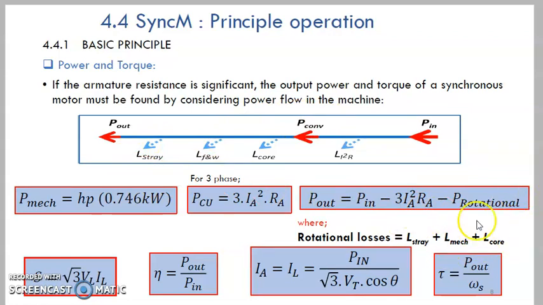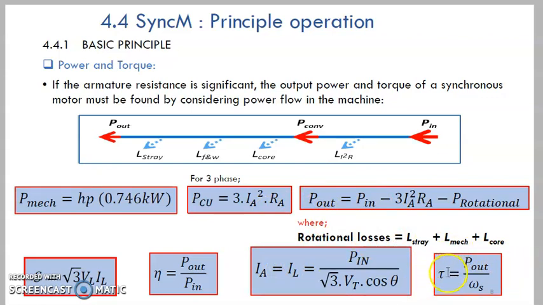Rotational loss is the stray, mechanical, and core loss, all mixed together. And so this is your output power.